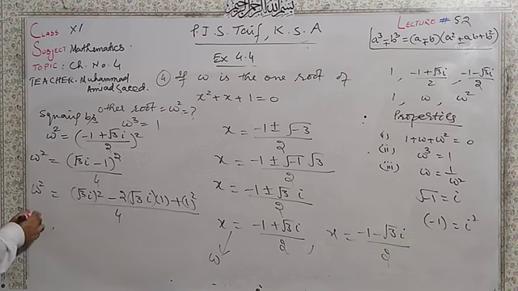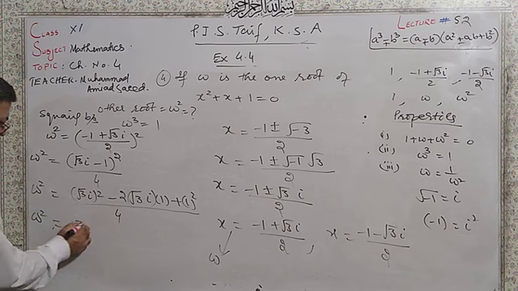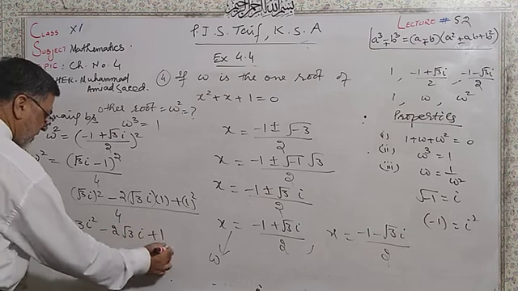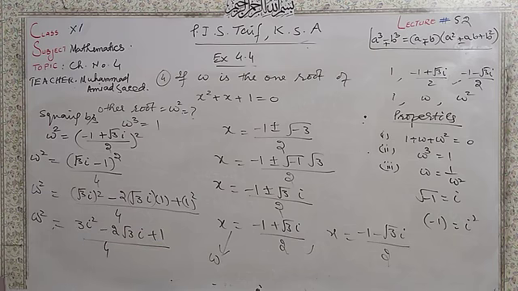Omega square is equal to, remember that this square will cancel this square root sign, so this will be 3ι square, minus 2 into 3√ι plus 1, over 4.